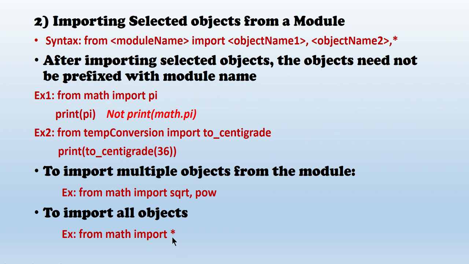When you do this, you will be able to import all the objects from that module. However, this is not advisable, and I'll tell you why. If you want to import all the components from the module, please go for import math, don't go for from math import star. However, you are expected to learn that this option is available.